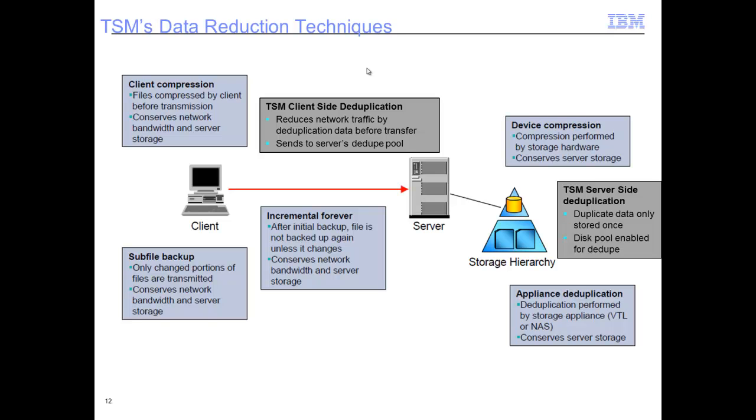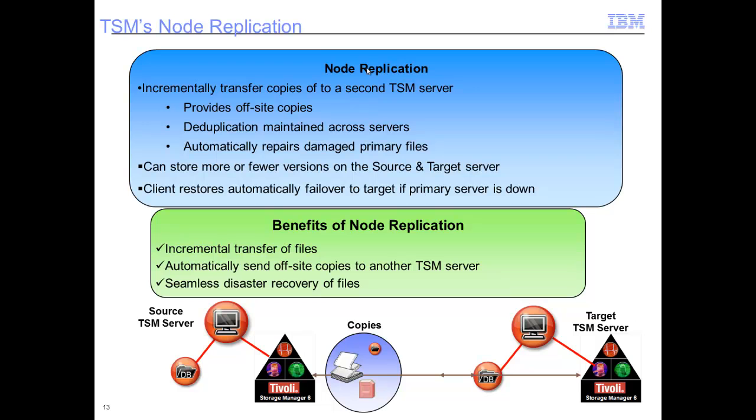Obviously, there are advantages to using one or both of them. With client-side dedupe, you are using less network traffic, but you do have a little bit more overhead on the client side before it sends the data to the server. Deduplication is just one of the types of data reduction techniques we employ. We also have compression, incremental forever, as well as device compression available.